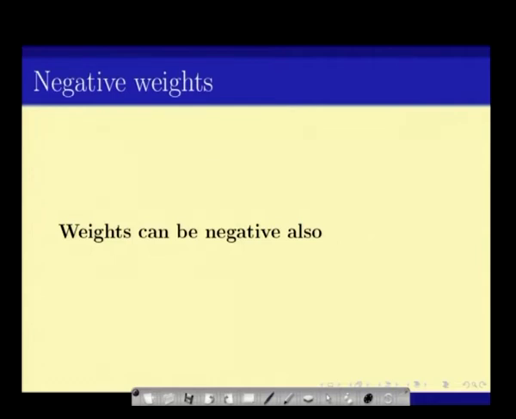Now, the weights can also be negative. You might ask why the weights would be negative, because distance cannot be negative, but as I told you, weights can represent not only distance, but lots of other things. While modeling various problems in terms of graphs, we might encounter weights of negative value also.